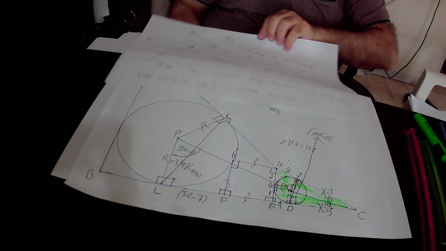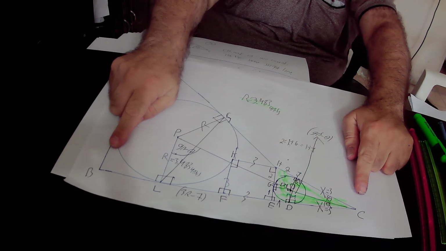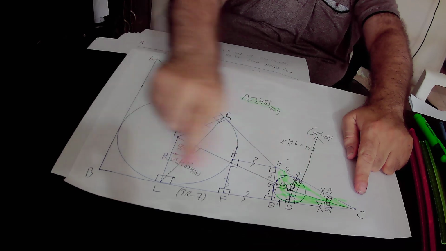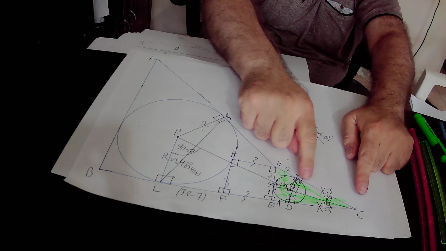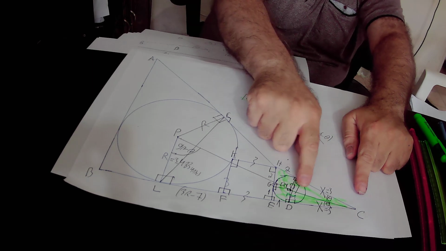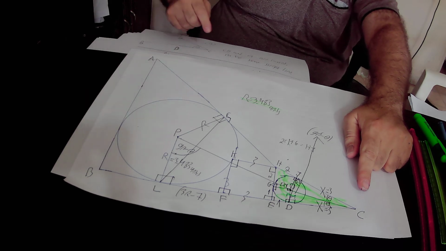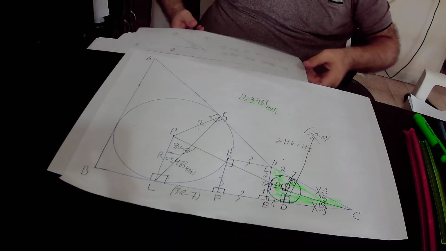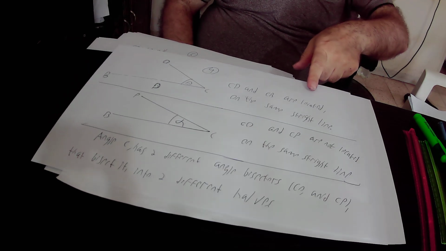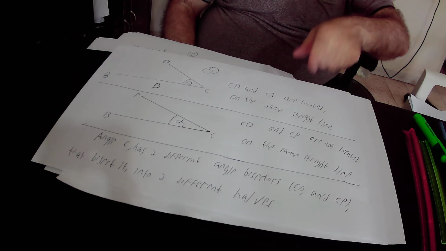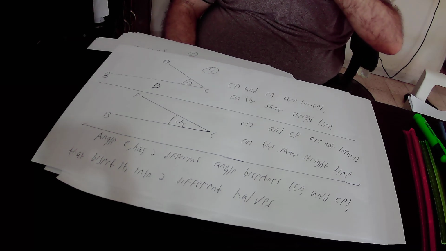It is very easy to see from the drawing that CD is part of CB. If CD is part of CB, it means that CD and CB lie on the same straight line. Why? Because CD is part of CB.